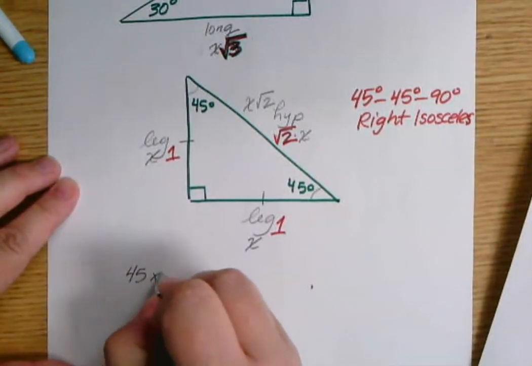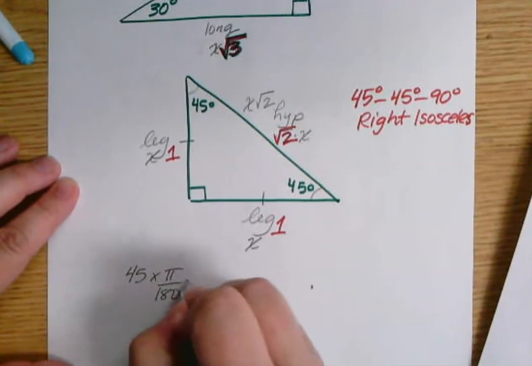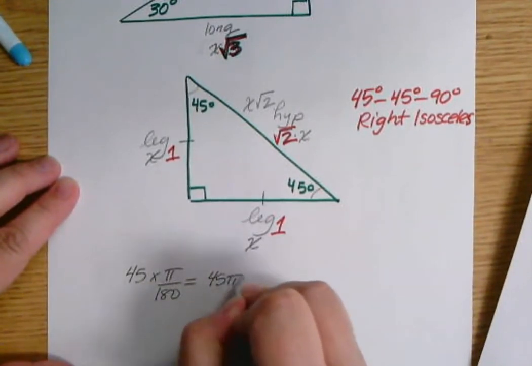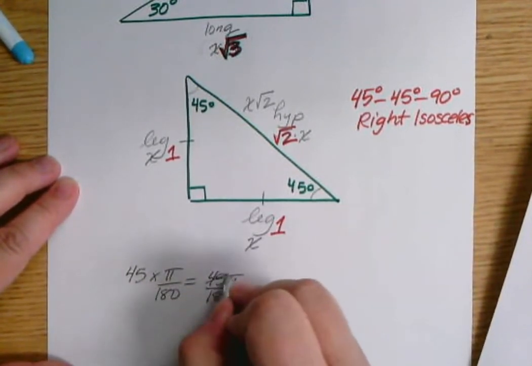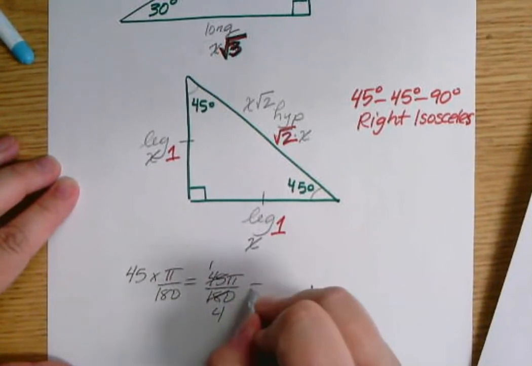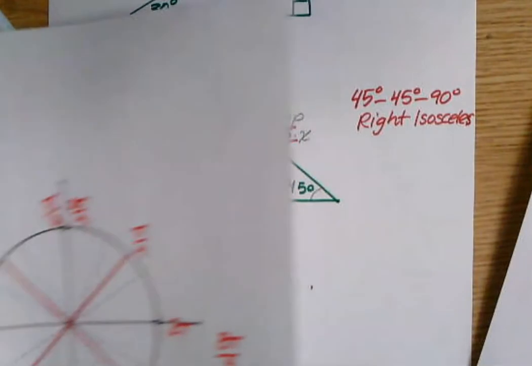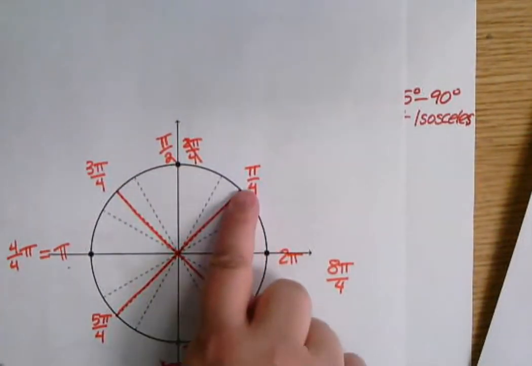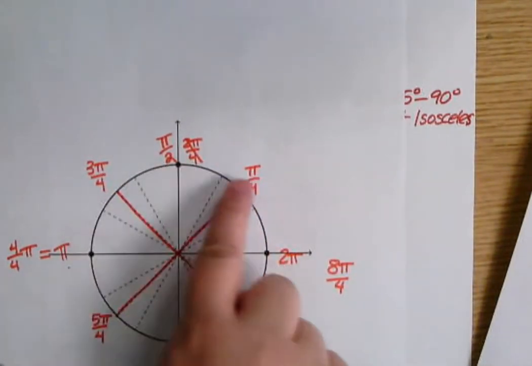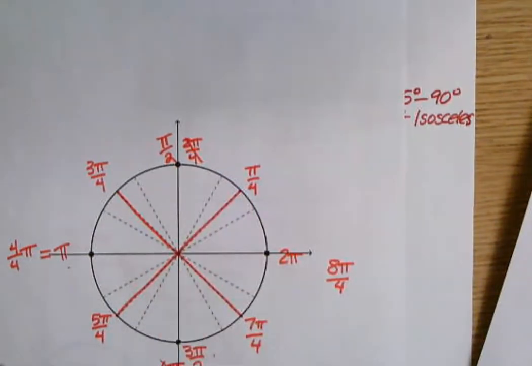In radians, that would be 45 over 180, which is 1 over 4. So it's pi over 4, as again, we saw here. Halfway from 0 to 90 is 45, that's pi over 4.